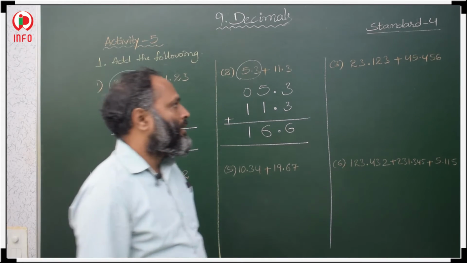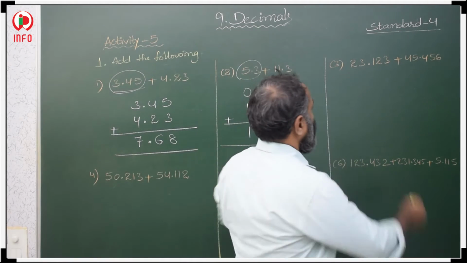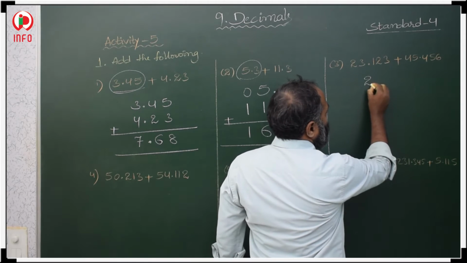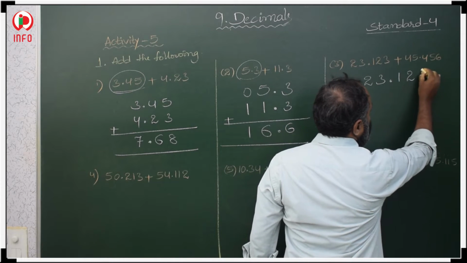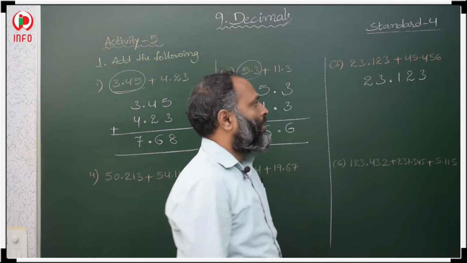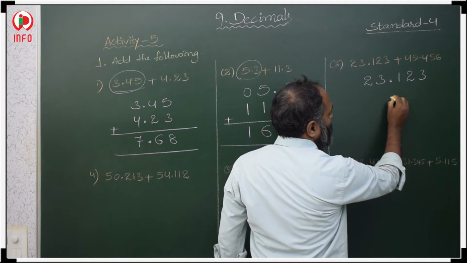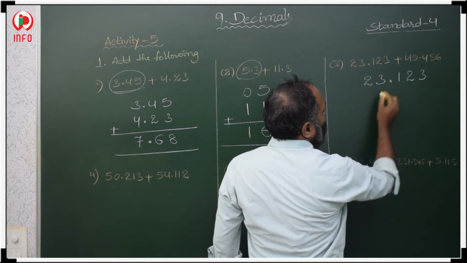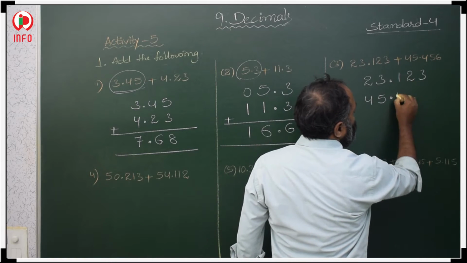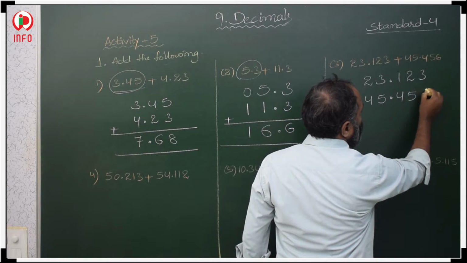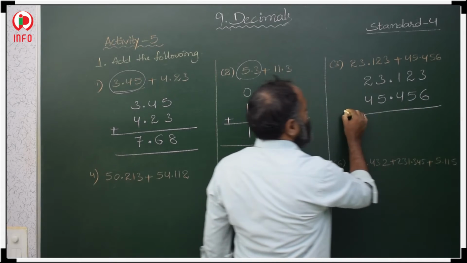16.6. The next one: first we have to arrange the decimals. 23.123. Then after the decimal we write 45, 2 places, then 456.456. These are like decimals.